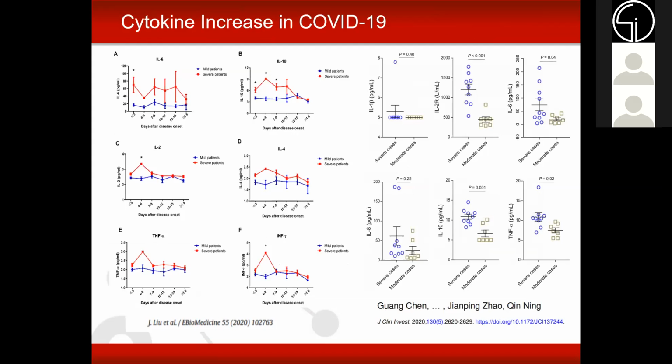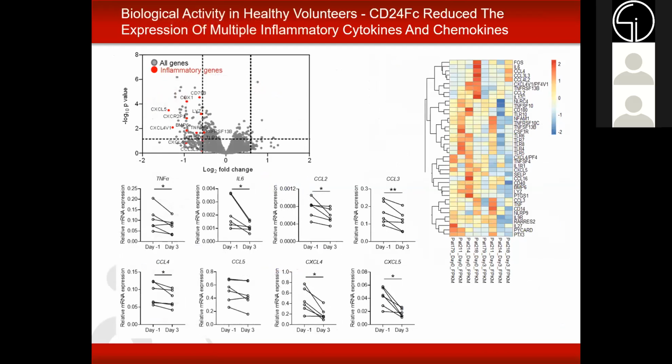And then the other one is with the severe case and the moderate case, the severe case showing higher cytokine expression.